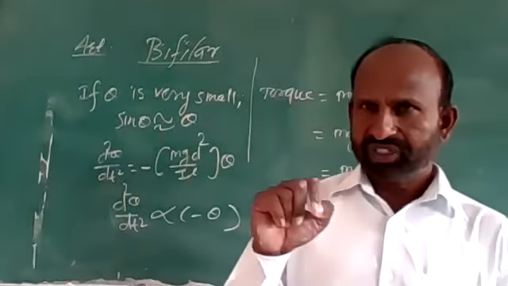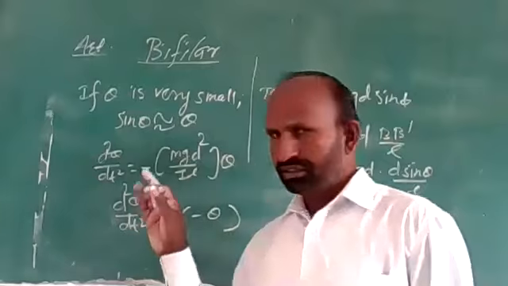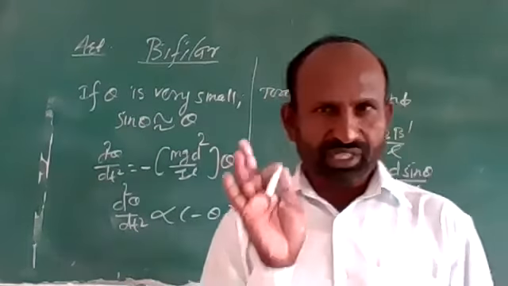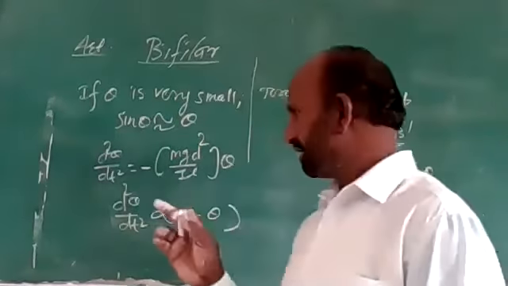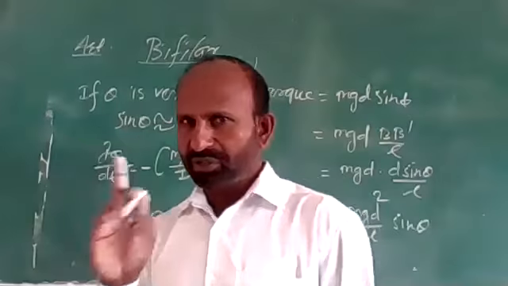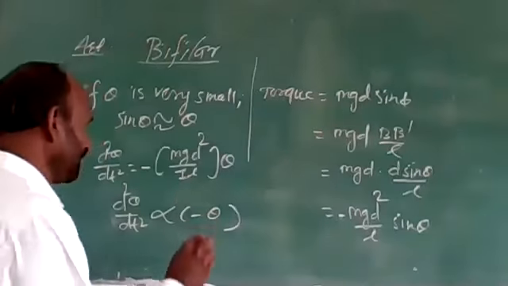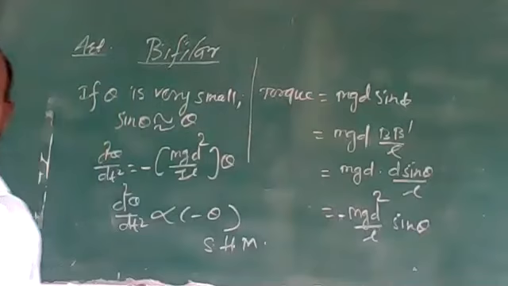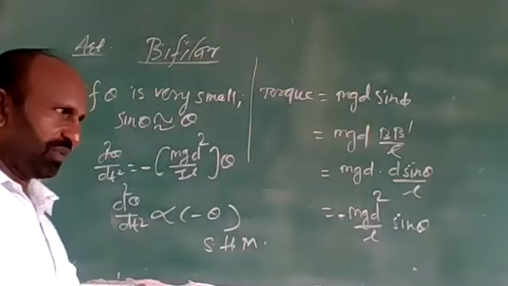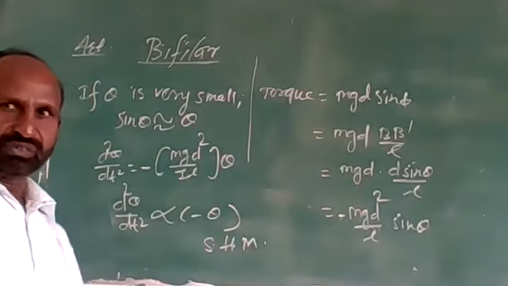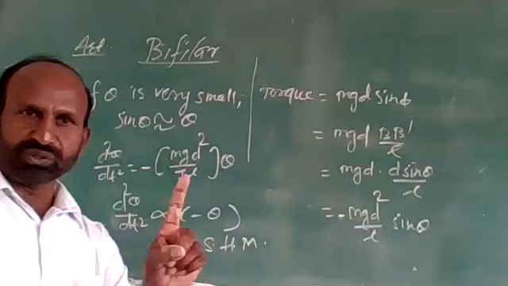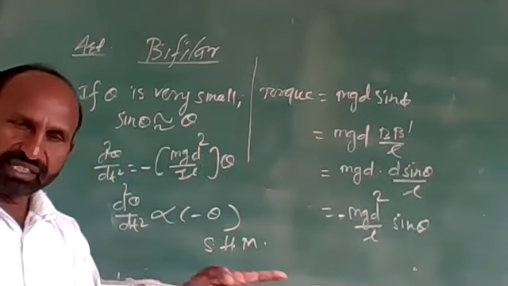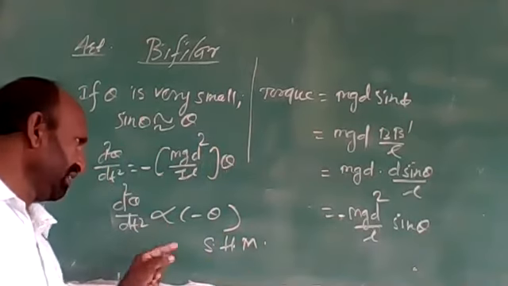And when the angular acceleration is proportional to the angular displacement, then that body performs simple harmonic motion. A body is said to perform simple harmonic motion when the acceleration is proportional to the displacement, and if they are oppositely directed, it is minus.